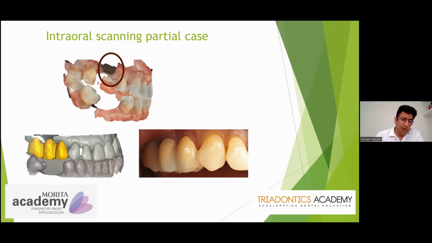This part of the gingiva is moving, and that means you need to use a bit of your fantasy to get a design, estimating a little bit where the pontic is going to be. And in this case, I got lucky, and it looks quite well.